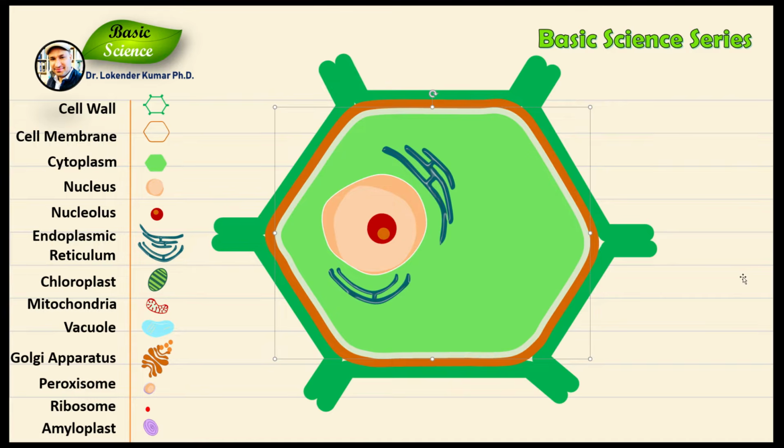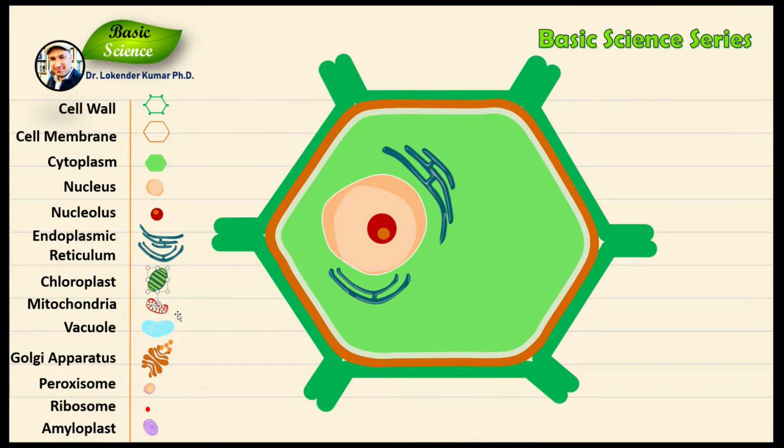If the ribosomes are present on the endoplasmic reticulum, it is known as rough endoplasmic reticulum, and its main function is in protein synthesis, lipid and cholesterol synthesis. That you need to remember. Okay, so this is all about the endoplasmic reticulum.